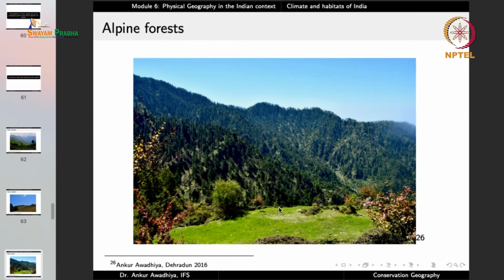So essentially most of the trees in these areas will be coniferous, which means that they have a structure that leads to the easy slippage of the snow. So snow does not stand on these trees for a very long period of time. They also produce cones, which is why they are called coniferous. So in a number of these trees, the leaves will be very small, they will be needle-like, and this is an adaptation against snow. So these are alpine forests.